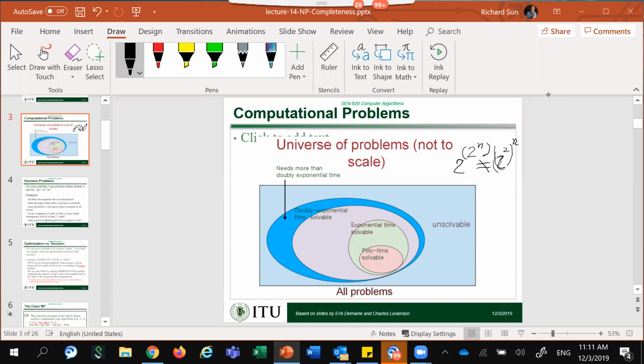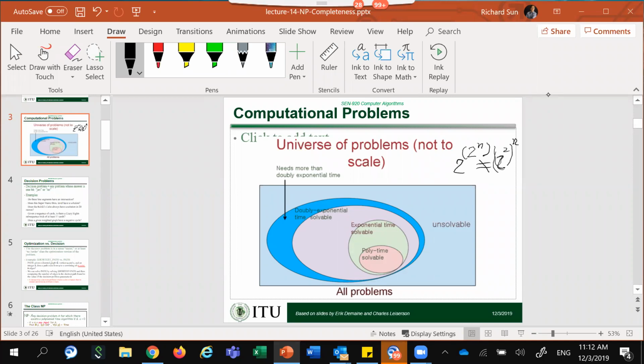One example of an unsolvable problem, just for your knowledge, is this: suppose I give you an algorithm. How do you decide whether this algorithm will terminate? That problem is actually unsolvable.